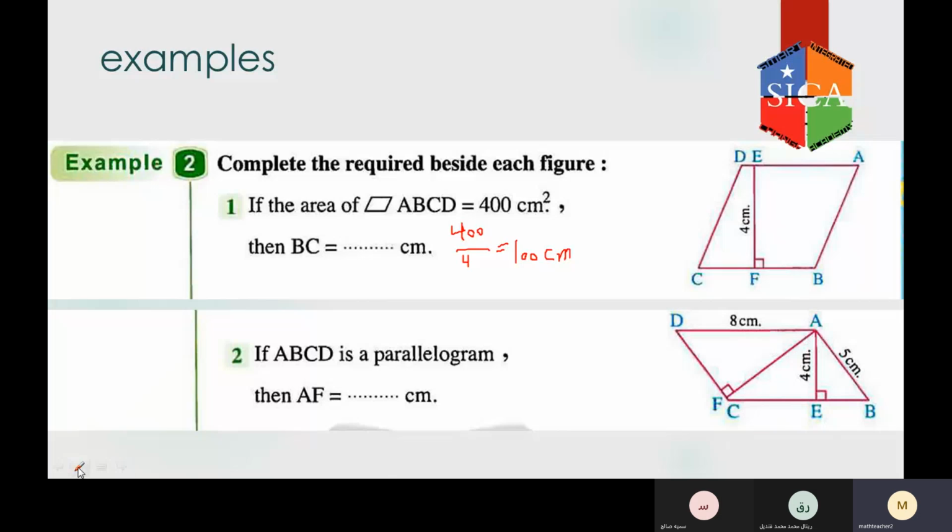Then the area of the parallelogram equals base times height. The base here is 8 and the height is 4.